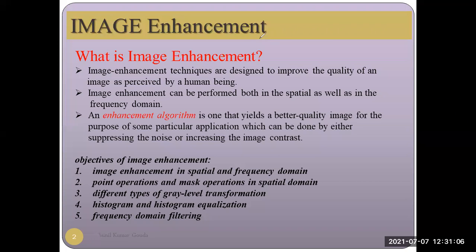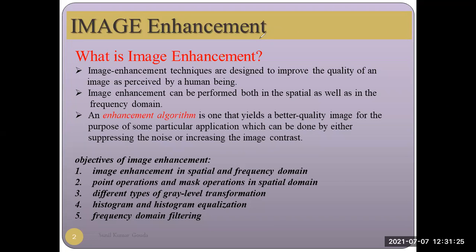How do we perform image enhancement? It can be performed by different enhancement algorithms, based upon the specific application. We apply different enhancement algorithms so that we can improve the quality of the images.